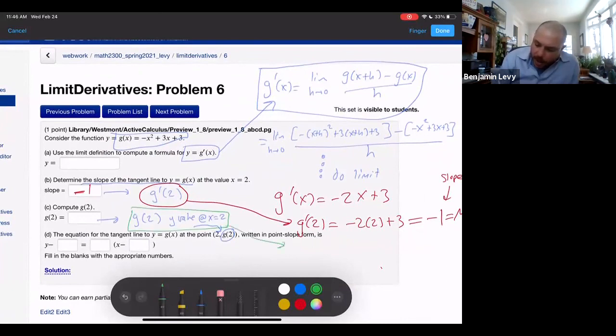Let's find the y value. We need to use the original function, so it's going to be this. So it's going to be minus 4 plus 6 is 2, plus 3 is 5. And so this is a y value.